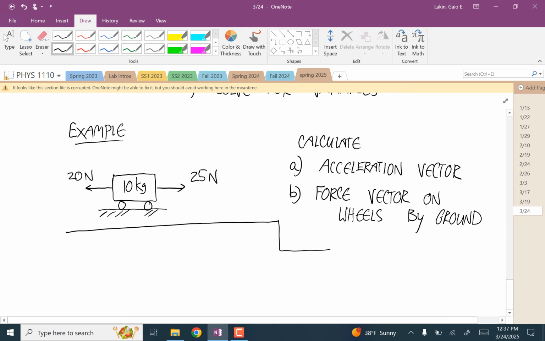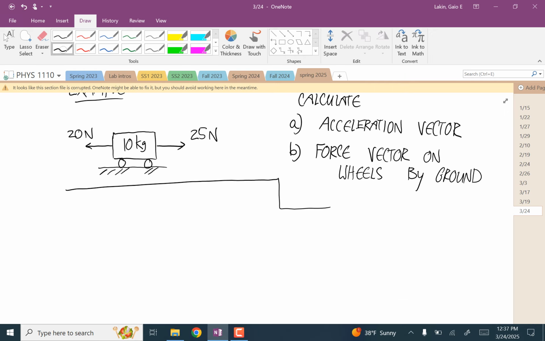Okay, so no matter what it asks for, the first two steps are the same. So we're going to start with a free body diagram.